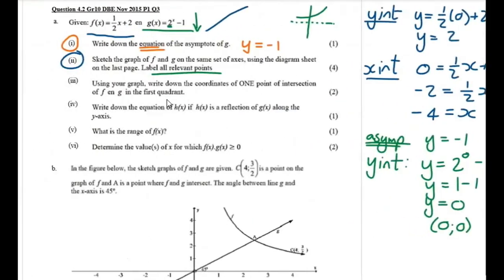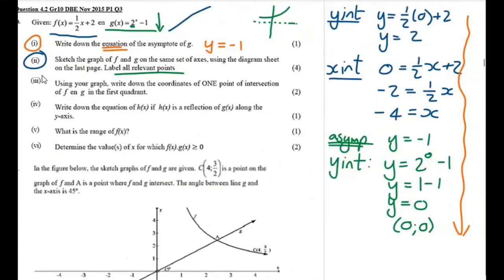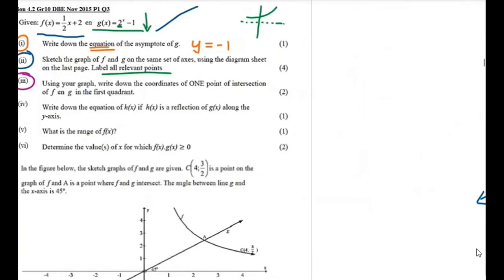We've got our equations. We are going to now solve simultaneously. Equate one formula to the other. Okay, brilliant. So we've got our two equations: a half x plus 2 has to be equal to 2 to the x minus 1.